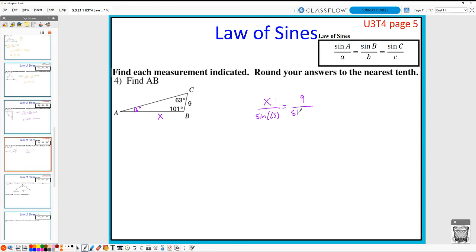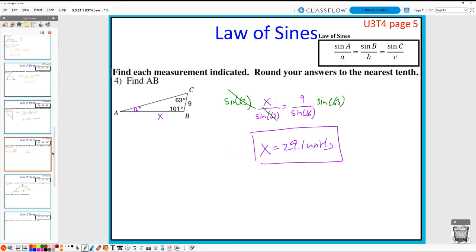So sine of 16. Once again, multiply by the sine of 63. Sine of 63 will cancel. 9 divided by sine of 16 times sine of 63. I get X is equal to 29.1 units. I don't know why I boxed that one when I didn't box the others.